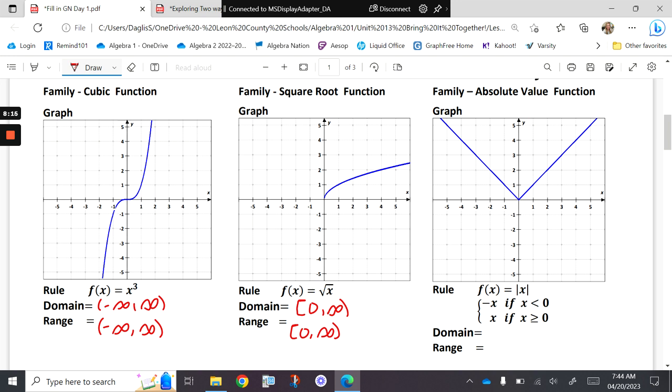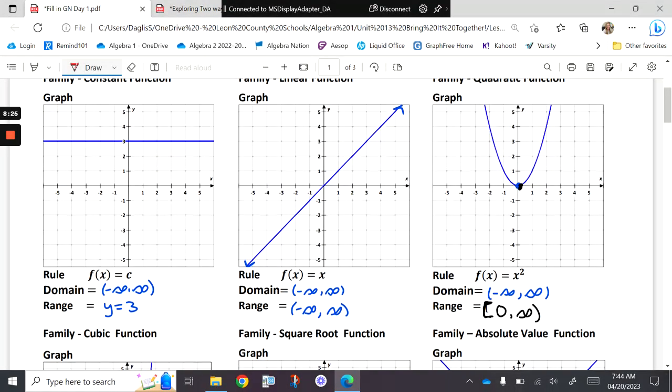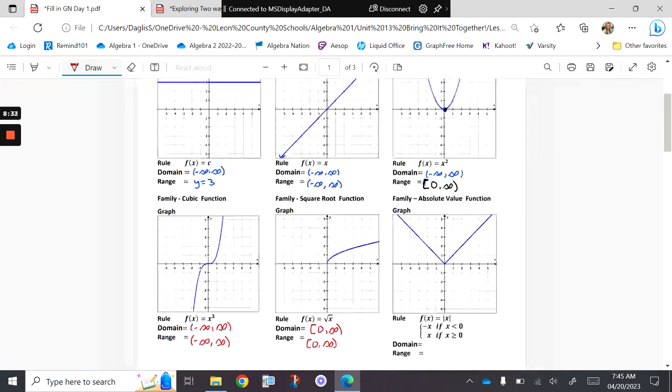All right, absolute value. We just did some of this, right? This is the most recent thing that you've seen. So it almost looks like a quadratic right above it, but what's the difference that you notice? Like look at the graph, look at the shape. It's a V, quadratic is a U. They both have a vertex.